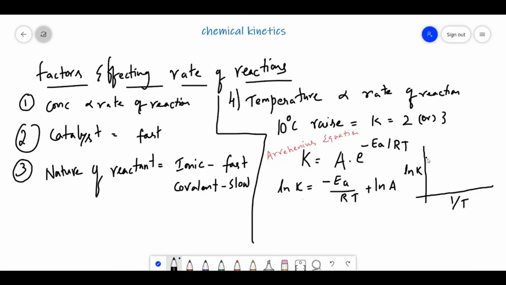We get a negative slope. So this is a negative slope, and here the slope is equal to minus Ea by R.